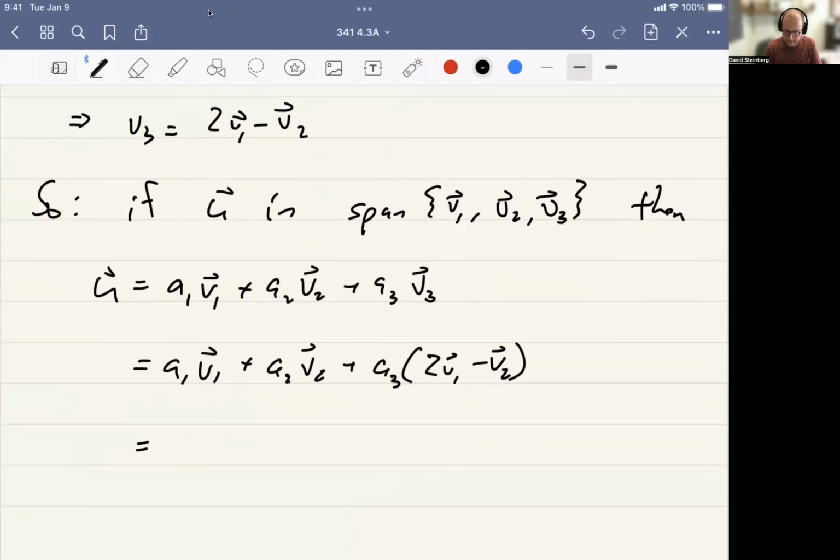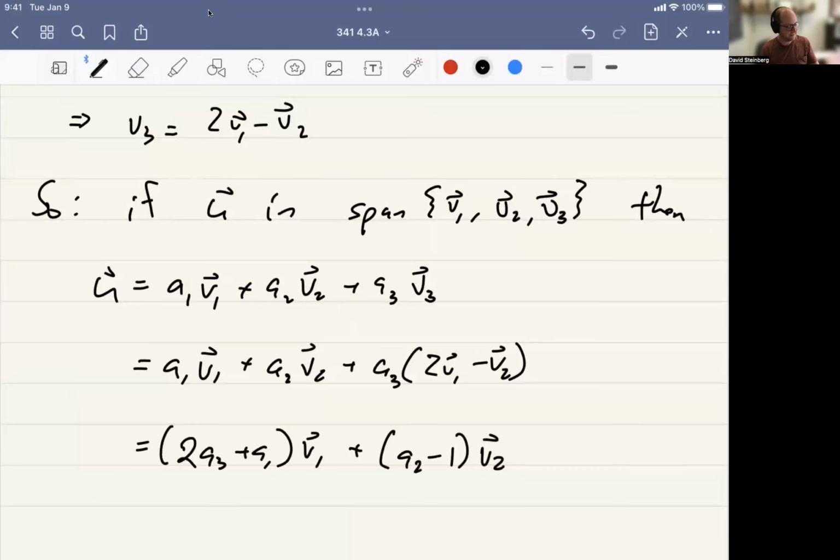So now if we're collecting everything in front of v1, this is really 2a3 plus a1 times v1 plus what? a2 minus... sorry, not minus 1, but minus a3.